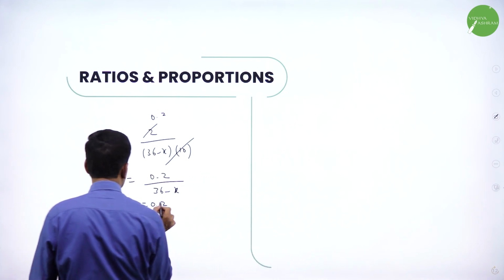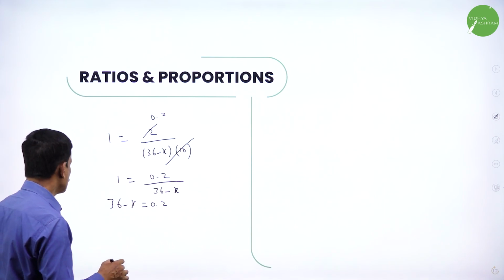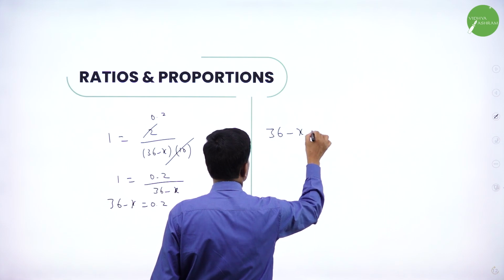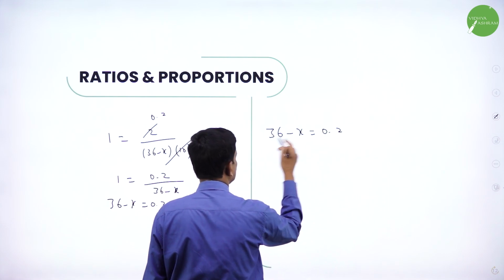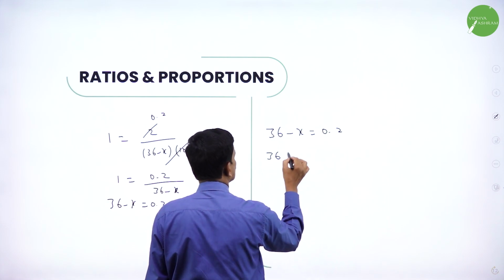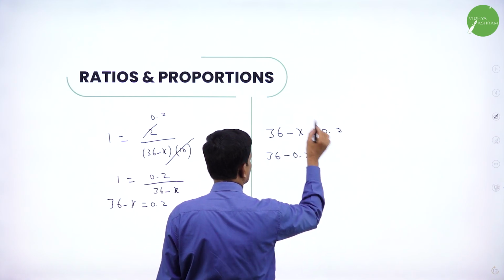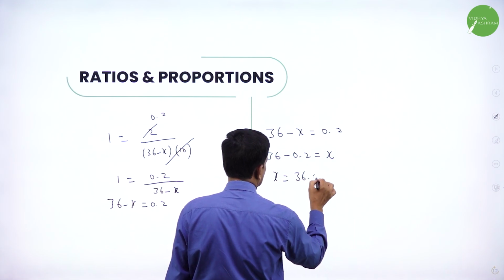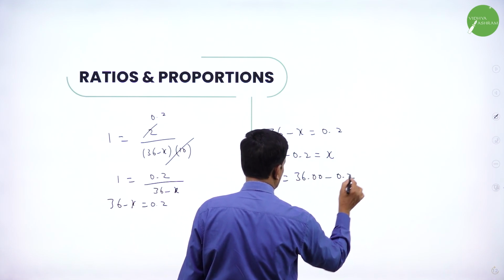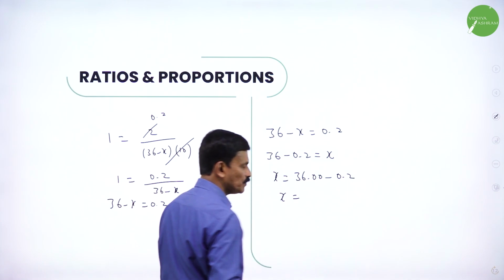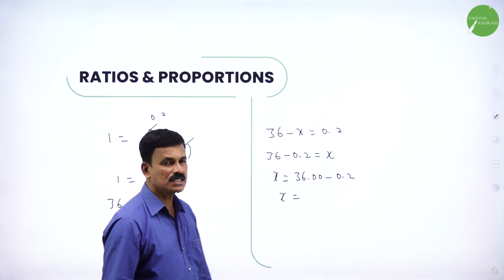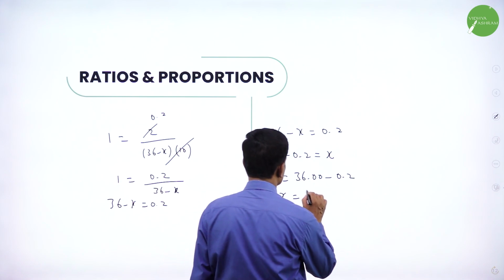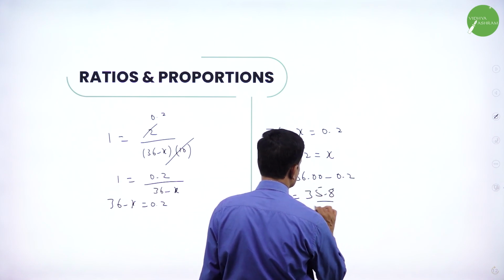Interchange this. 36 minus 0.2 is equal to x. So therefore x is equal to 36.0 minus 0.2. If you subtract 0.2 from 36, what is the answer? We are going to get it as 35.8. So 35.8 is the required answer.